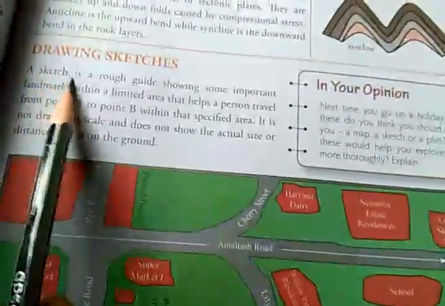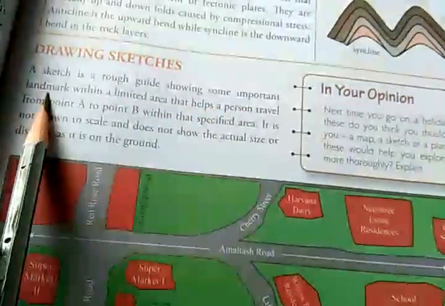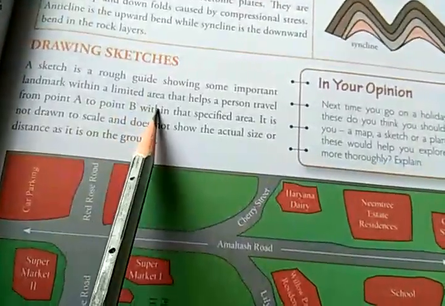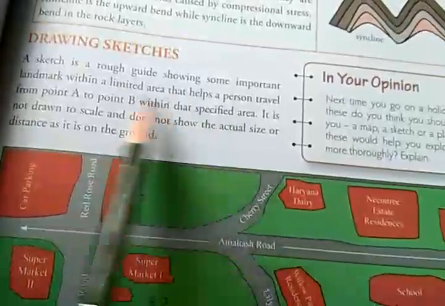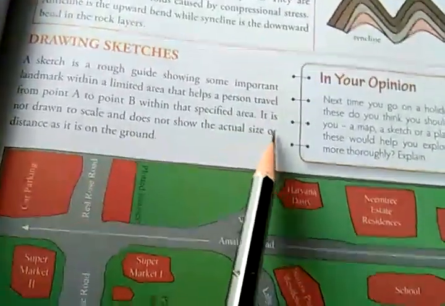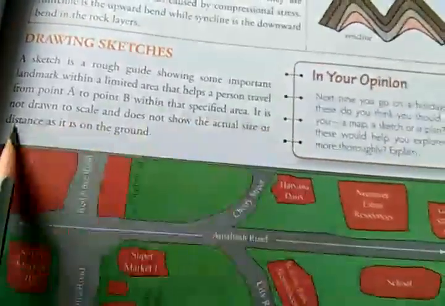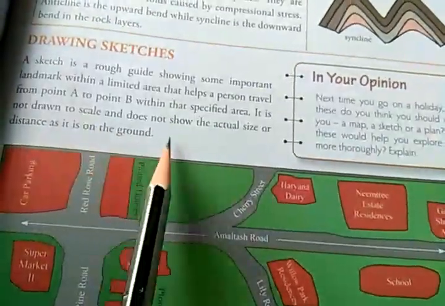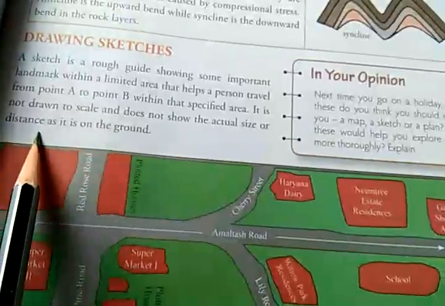A sketch is a rough diagram. I have explained you. A sketch is a rough guide showing some important landmarks within a limited area that helps a person travel from point A to point B within that specified area. Important thing is that it is not drawn to scale and does not show the actual size or distance as it is on the ground.